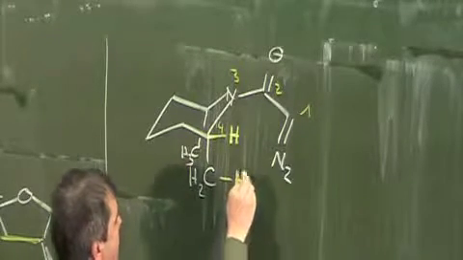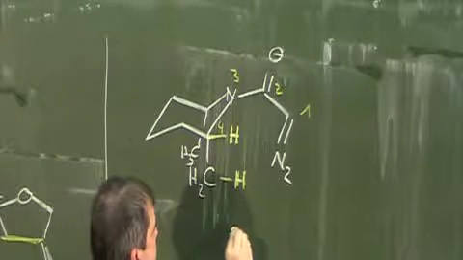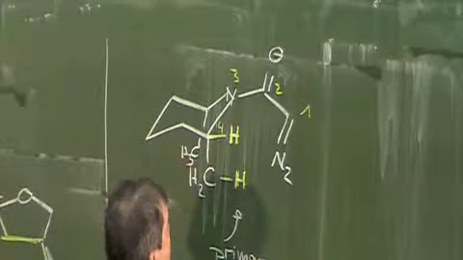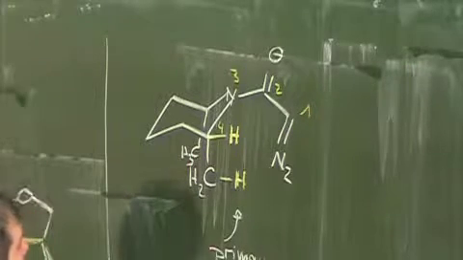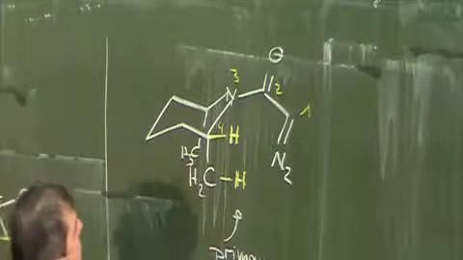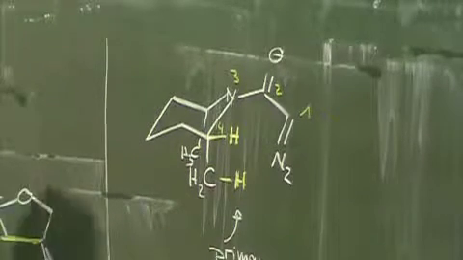Now, in this case, we have a primary CH which could form a 5-membered ring as well.